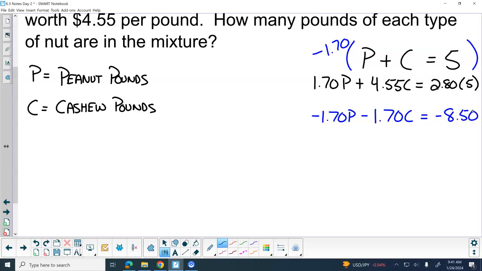And then I'm going to have 1.70p plus 4.55c, and that's going to equal 14, since 2.8 times 5 is 14. Add those two together.